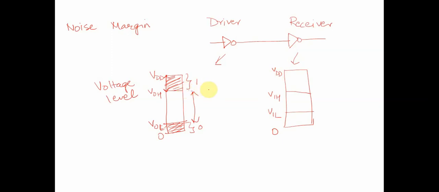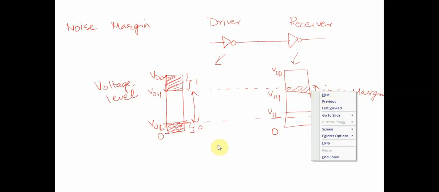Now if we plot a graph over here and then we plot a graph over here, this particular difference would be called the noise margin. So our circuit has this particular set of noise margins, and the smaller the noise margin is, the smaller this value is.